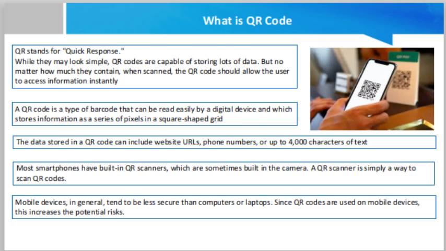Some websites do drive-by downloads, so simply visiting the site can initiate a malicious software download. Then, mobile devices in general tend to be less secure than computers or laptops. Since QR codes are used on mobile devices, this increases the potential risk.